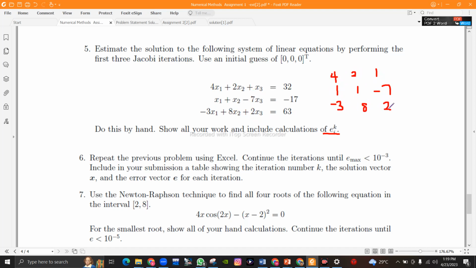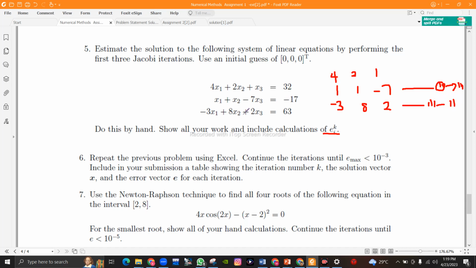We are not swapping numbers, like changing 2 to this or changing 3 to this. We are changing the equation. Equation 2 becomes equation 3, and equation 3 becomes equation 2. That's what we are just doing.